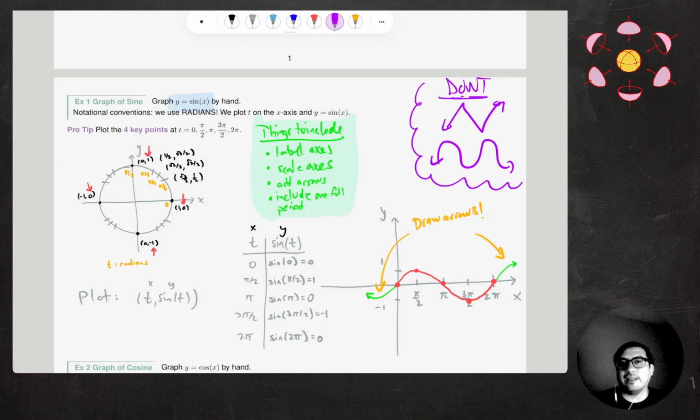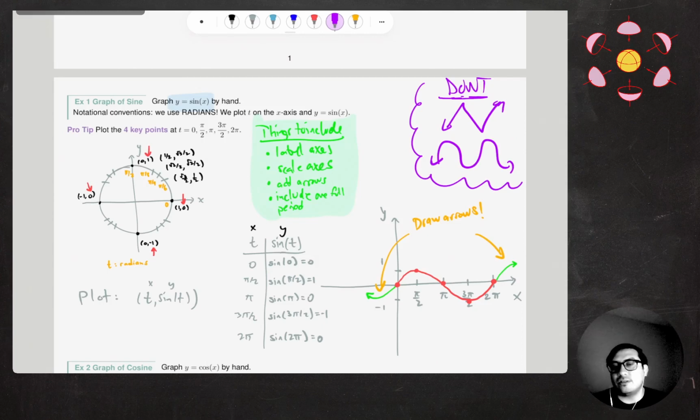All right, fantastic. And what was the other big green thing that I put here as a note? I labeled my axes, so I have my x, my y. I scaled my axes. You can see I have the x markings, and also the y markings. I added the arrows, so that's this green part here.